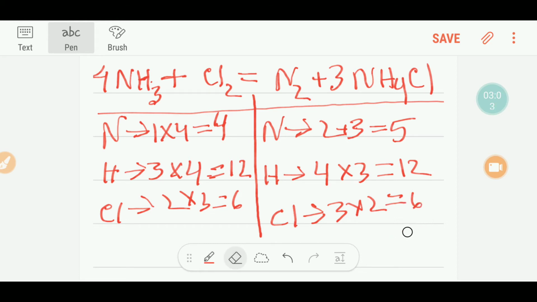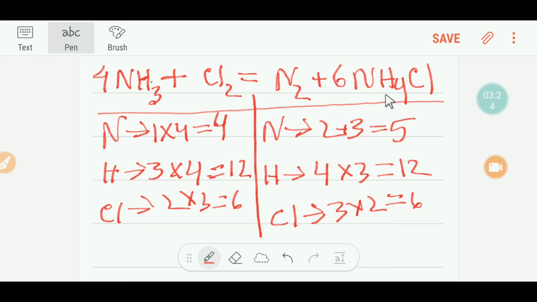So if I place here these 2, then these 2 must come before this chlorine that is here. So you have to put here 2. These 2 times 3 gives you 6. So you have to write here 6, right?